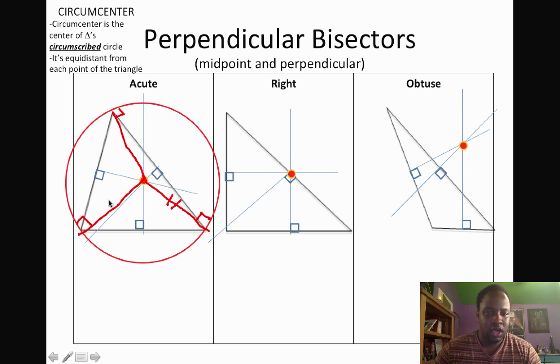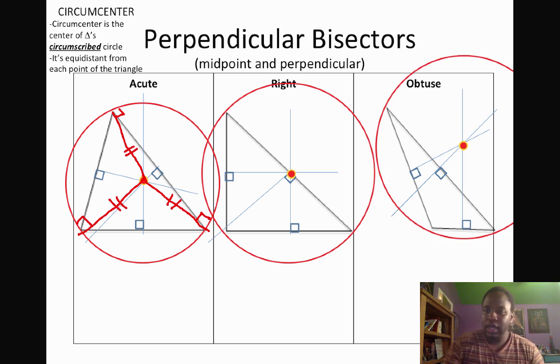So all of these are the same distance. That point is equidistant from the three vertices of the triangle. We can do the same thing for a right triangle and for an obtuse triangle. This circle will continue on outside of the realm of the PowerPoint. So those are the four centers: incenter, circumcenter, orthocenter, and centroid.